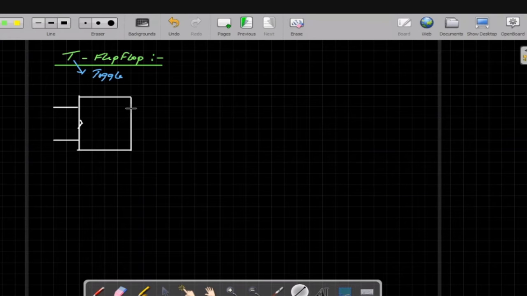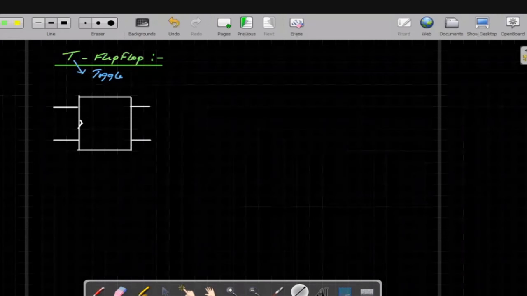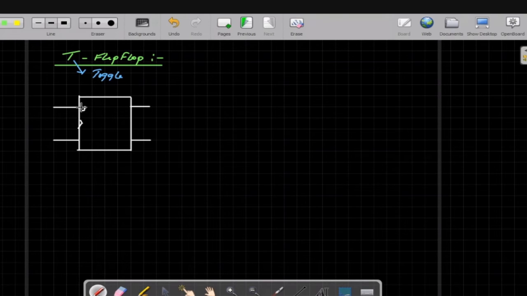In JK flip flop we have 4 terminals. These terminals are J, K, CLK (clock), Q, and Q bar, meaning the complemented and uncomplemented outputs. Now this is interesting, you should know: if you short both the terminals J and K, then this combined terminal will become your T terminal, and this assembly is known as your T flip flop.